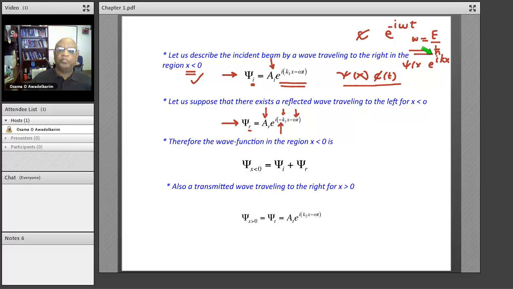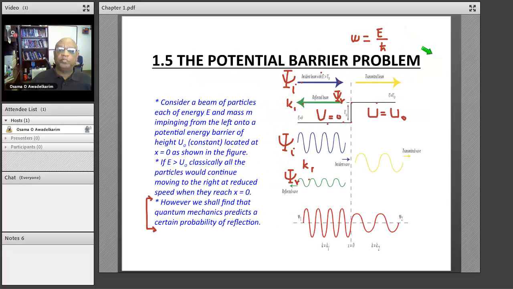Now, in the region x less than 0, the left-hand side region, we have two waves, the incident wave and the reflected wave. So the total wave on the left-hand side would be the sum of these two waves.